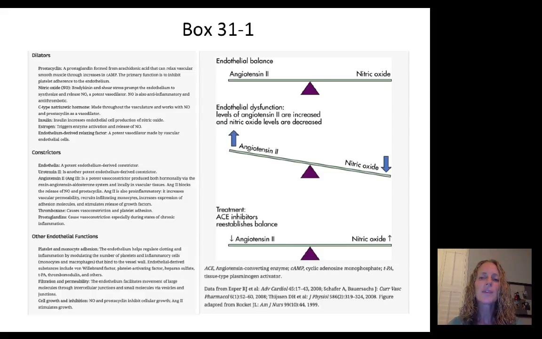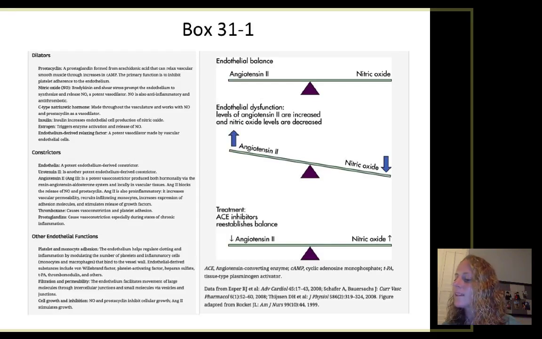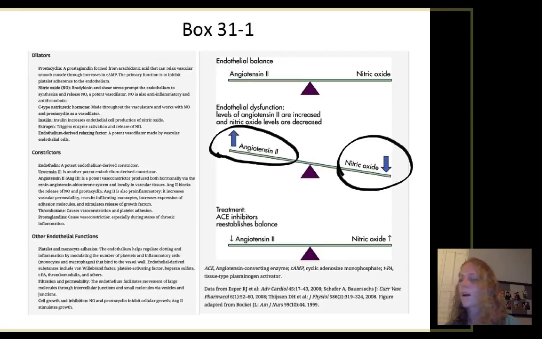This box from your textbook talks about the balance of vasodilation and vasoconstriction factors. In particular, it highlights the effect of high angiotensin II, for example, in high blood pressure or shear stress, and low nitric oxide.